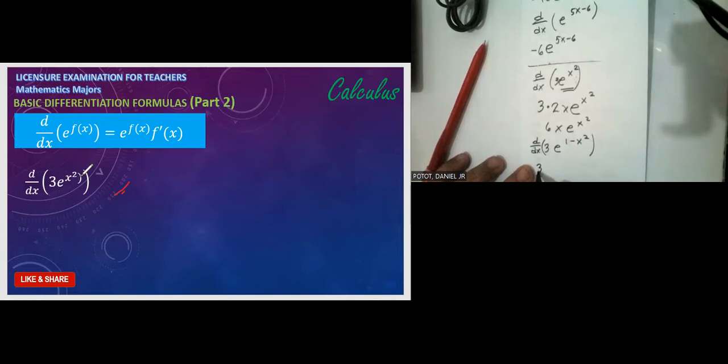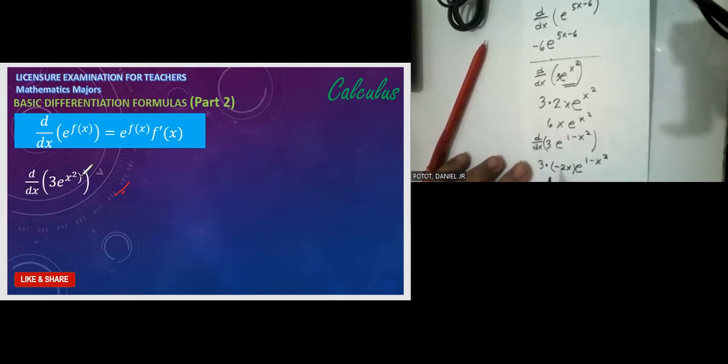You can put the 3 outside, in front, and then you copy e raised to 1 minus x squared, and then you take the derivative of the power: the derivative of 1 is 0, and the derivative of minus x squared is minus 2x. So you put that minus 2x there, and so you don't get confused, you can put that in brackets.